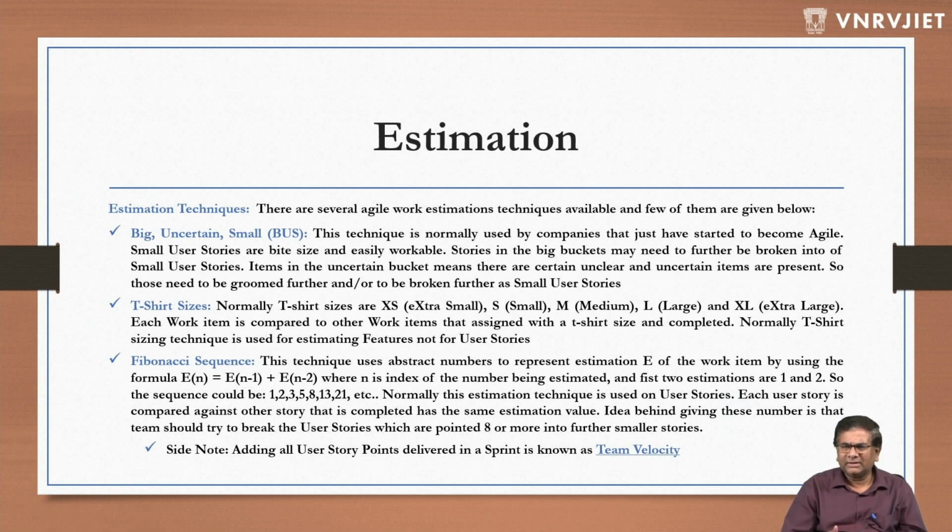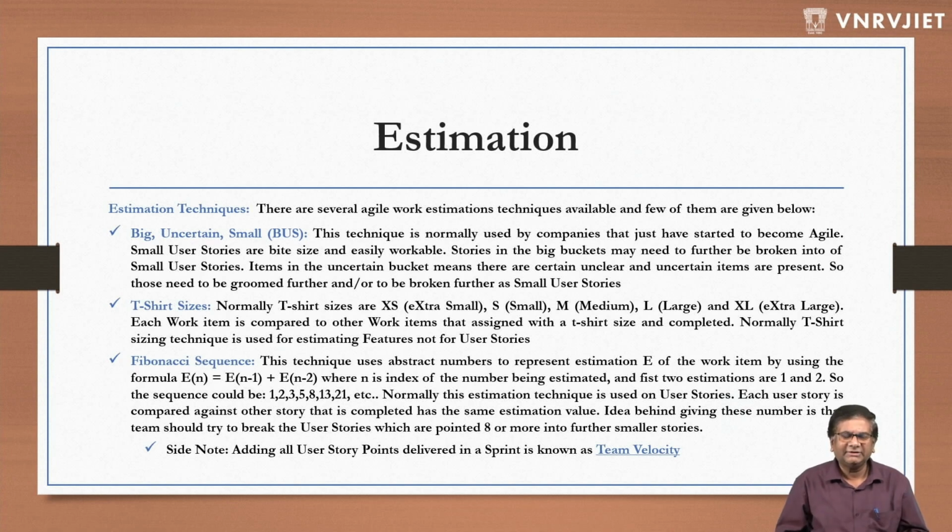Most of the time they are not given by the product managers. They are created by the engineering teams themselves. Engineering teams themselves can create features and stories based on the need and requirement, right? That's t-shirt sizing. As I said, t-shirt sizing is normally used for features.